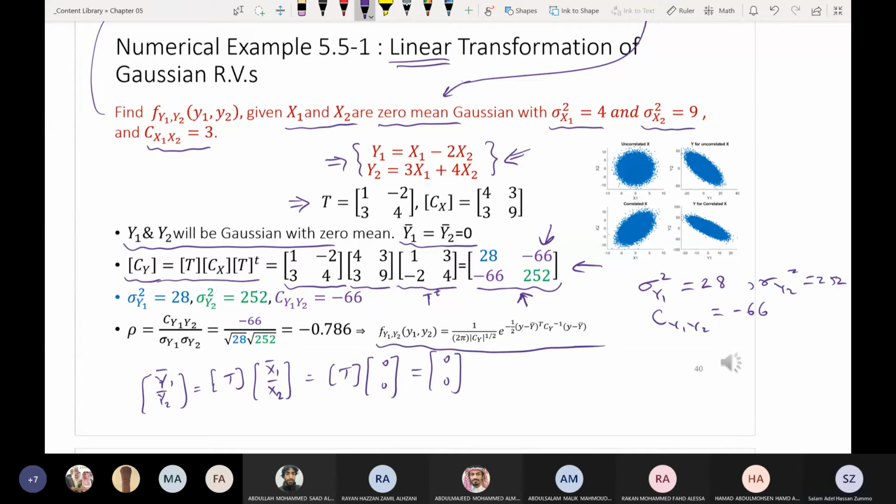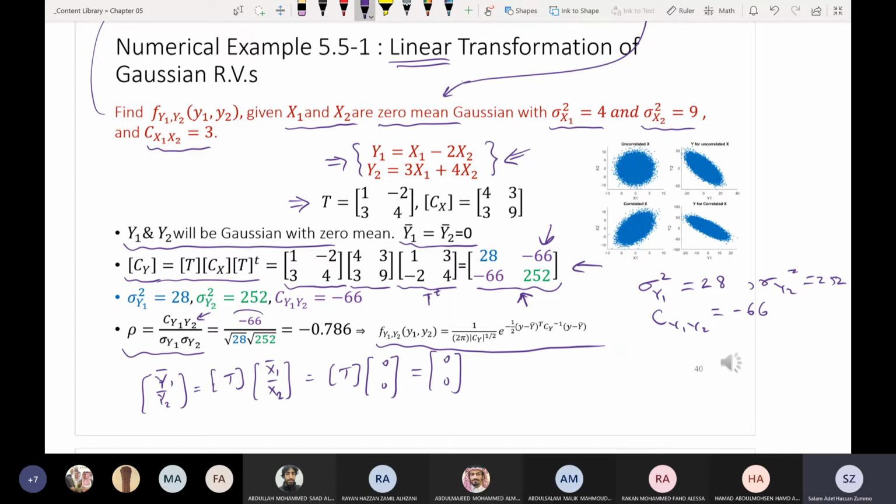Now what is rho? If I ask you to find the correlation factor, if you know the variances of y1, y2, and you know the covariance, then you can write the correlation factor, which is the covariance between y1, y2 divided by the standard deviation of y1 multiplied by the standard deviation of y2.